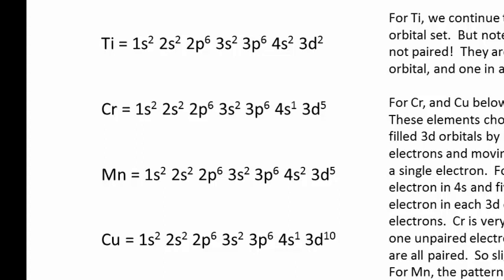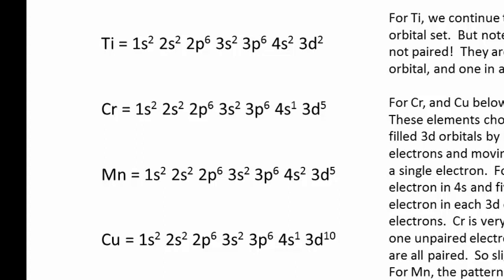There is 1 electron in one of the 5 3d orbitals and 1 electron in one of the other 3d orbitals. So titanium, even though it might look like everything is even, actually has 2 unpaired electrons, and it would be paramagnetic.